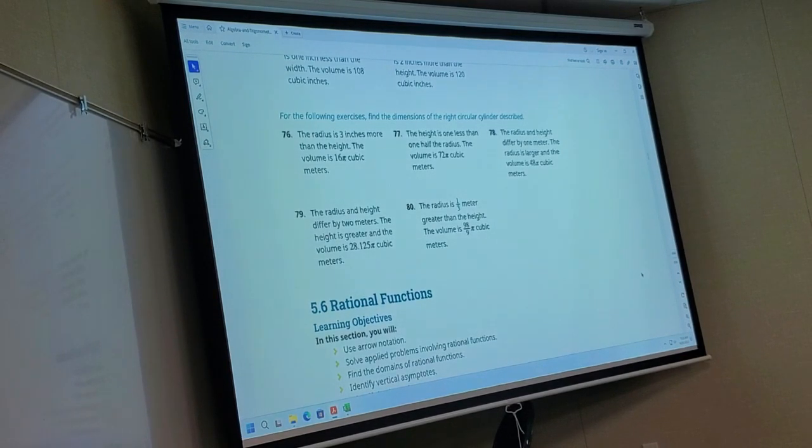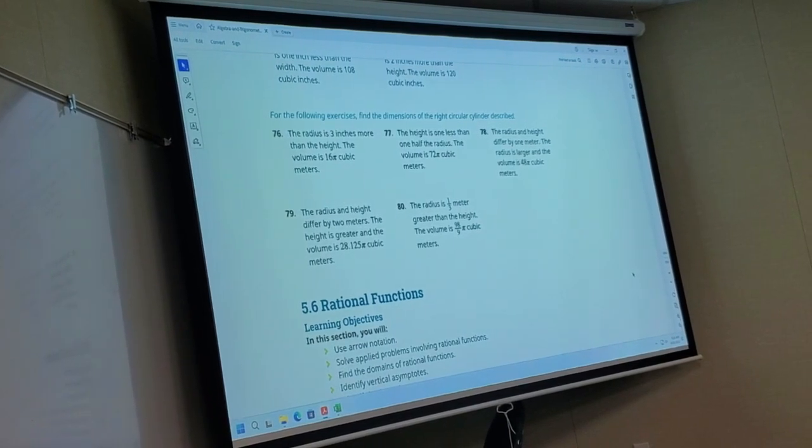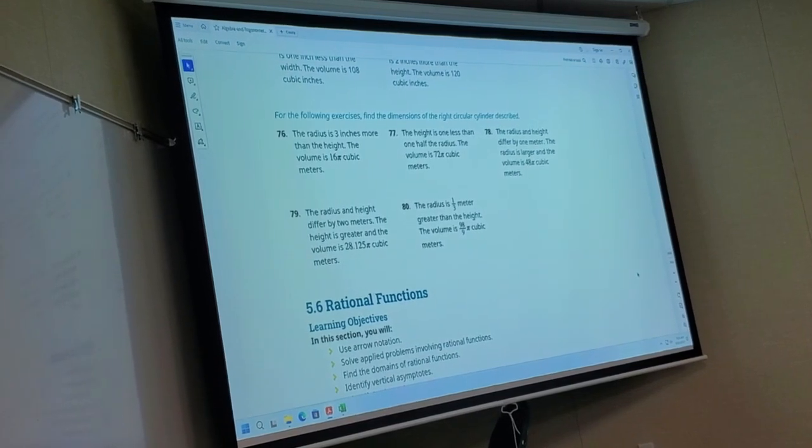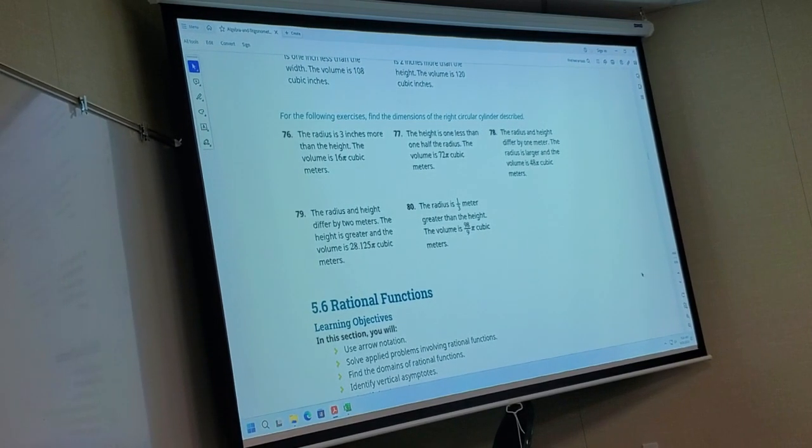Wouldn't it be R squared? R squared, yeah, thank you. And then I divided by pi. Sure, yeah, so they cancel. Rid of that. And then I did 48 equals R cubed minus R squared. Good. Then? And then that's where I kind of got stuck.